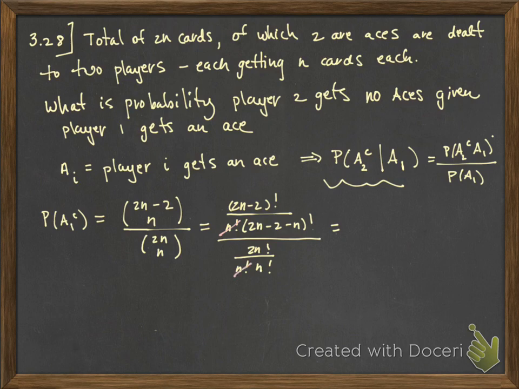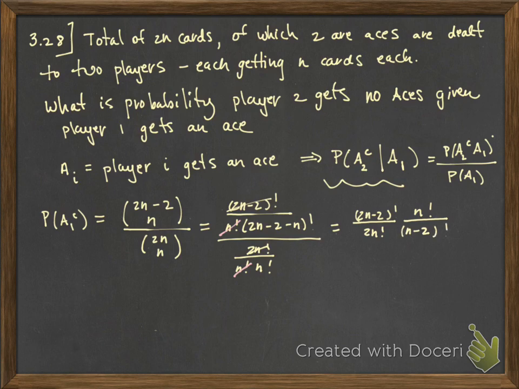So that's nice. So I actually now have (2n minus 2) factorial over (2n) factorial. So I've put those together. And then the n factorial flips all the way to the top. And then I'm left with 2n minus 2 minus n, so (n minus 2) factorial.